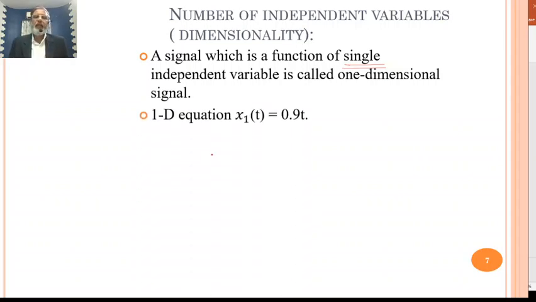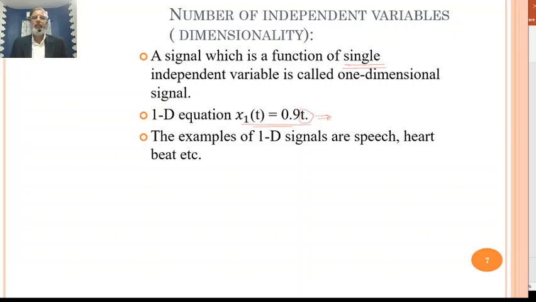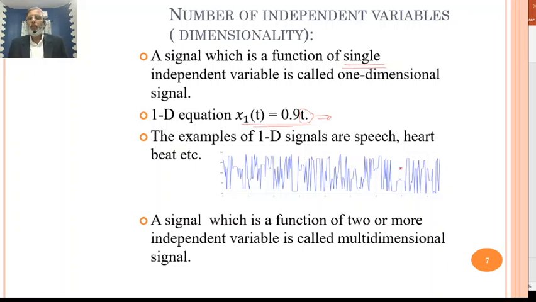This is the mathematical equation for the one-dimensional signal, and this equation is in terms of only one independent variable, that is t. The examples are speech signals and heartbeat signals. Here this image shows the one-dimensional signal, and this independent variable is t, that is a single independent variable.